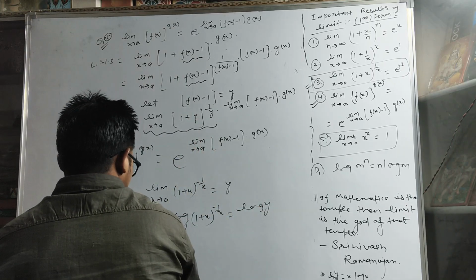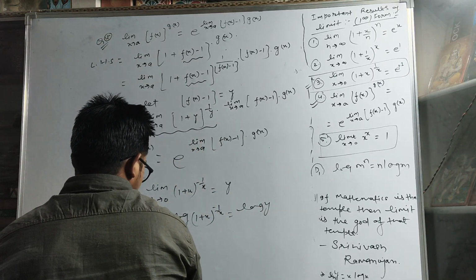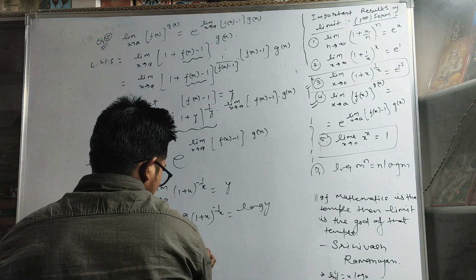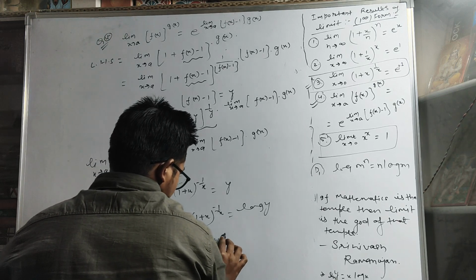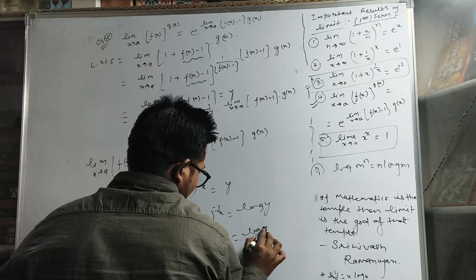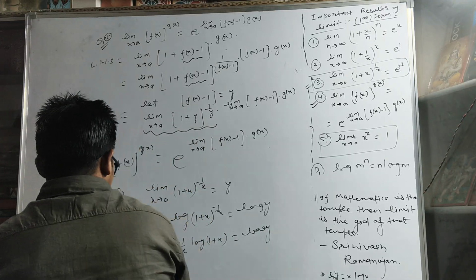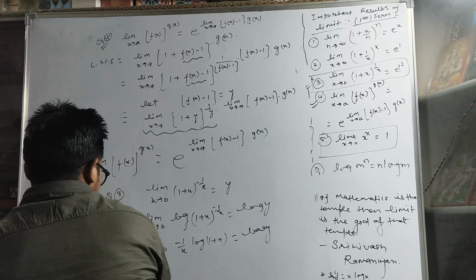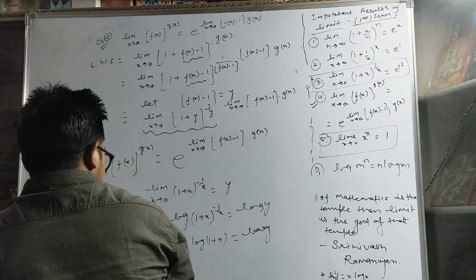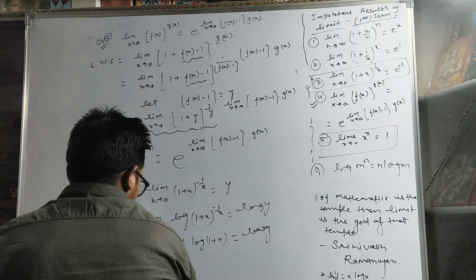With the property of log we can write minus 1 by x log of (1 plus x) equals log of y. On applying the limit here, this is an indeterminate form, that means 0 by 0 form. So we can apply L'Hospital's rule.